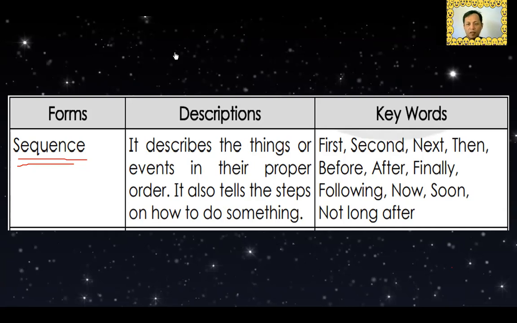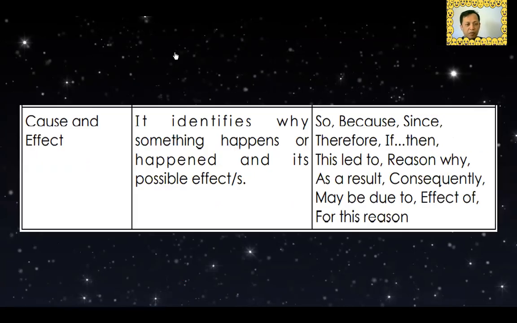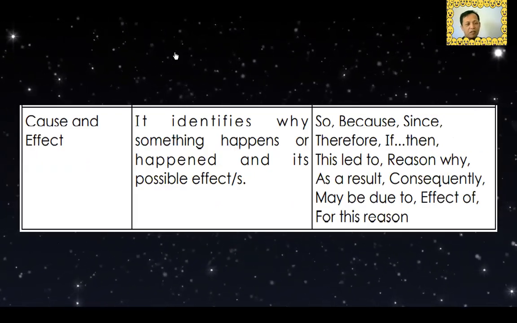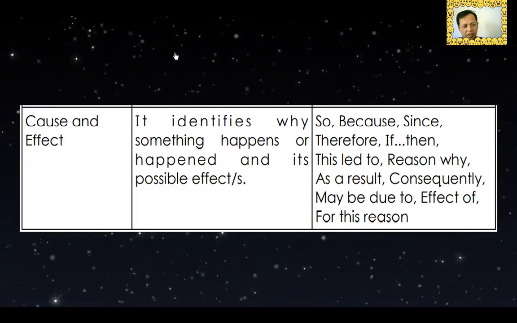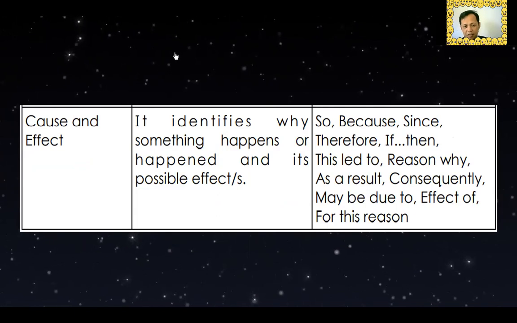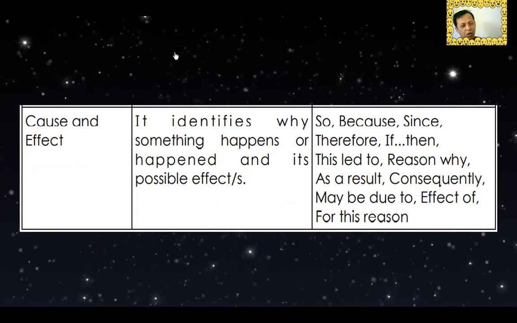Okay. Now let us move on. Then we have the cause and effect. Again, the cause and effect identifies why something happened and its possible effects. For example, we have flooding.